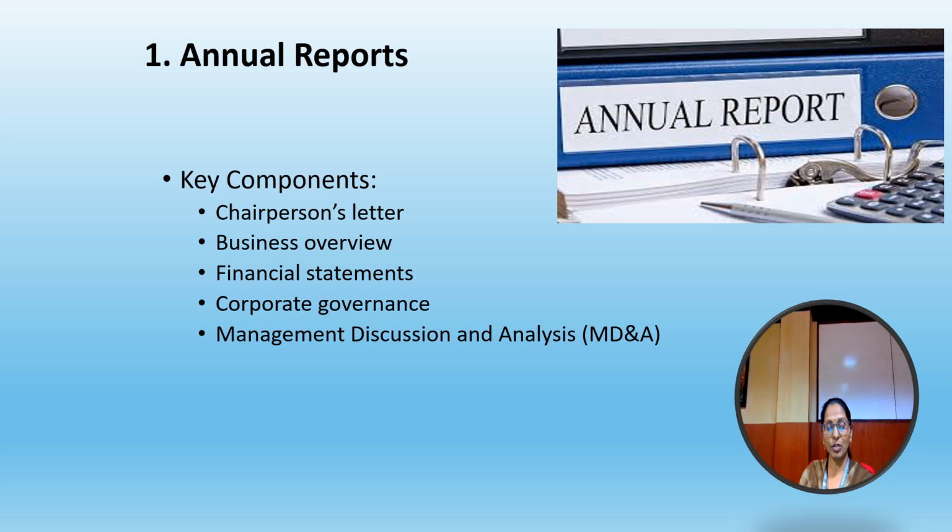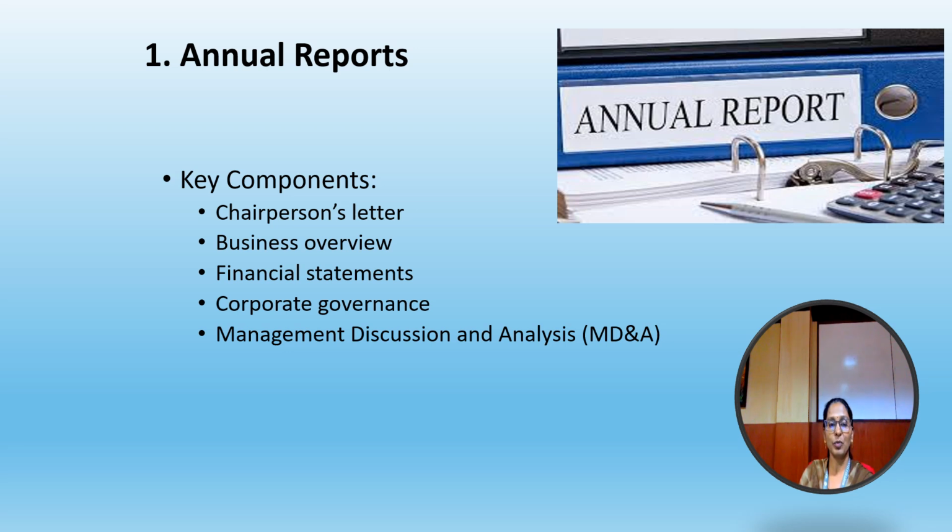Then the annual report also includes a business overview discussion, where the description of the company's mission, vision, and significant business strategies may be discussed. The annual report also includes a very important item, that is the financial statements, a detailed report on the company's financial health, where each item in the balance sheet, income statement, and cash flow statement might be discussed in detail.